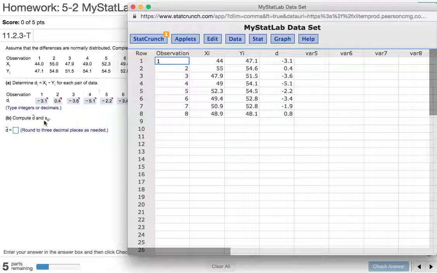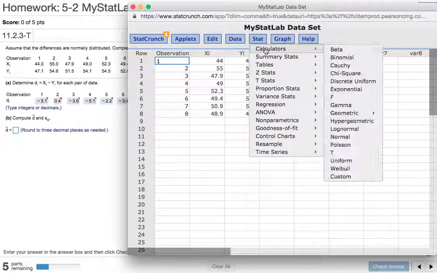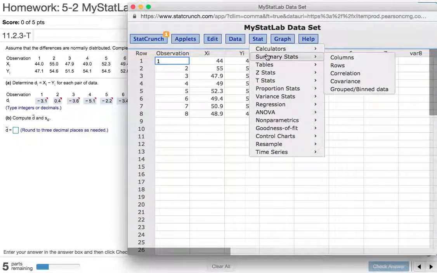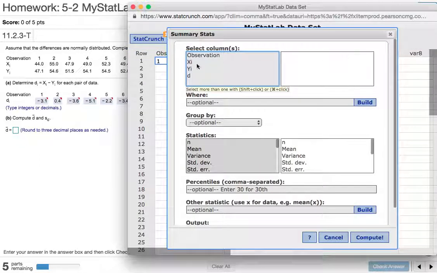Then the next thing it's asking is to compute the average difference and the standard deviation for the difference. So here I'm going to go into stat and then summary stats and then columns. And then we're going to look at the differences, and then we're going to compute.